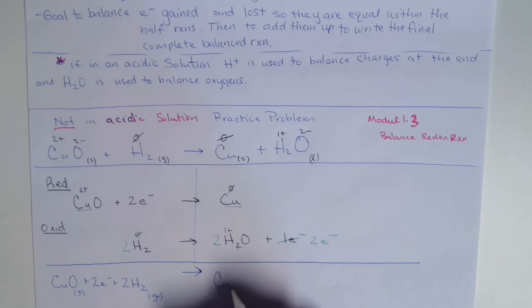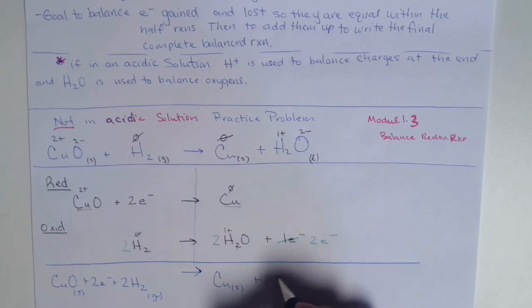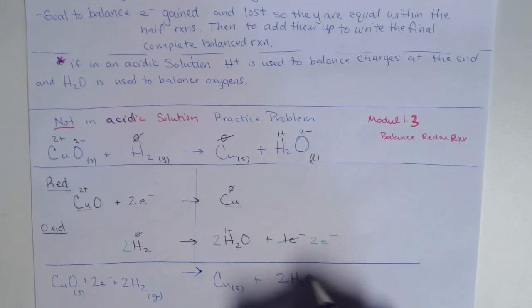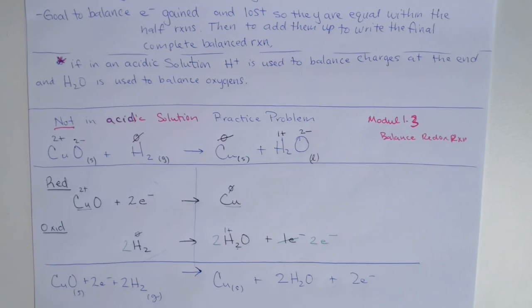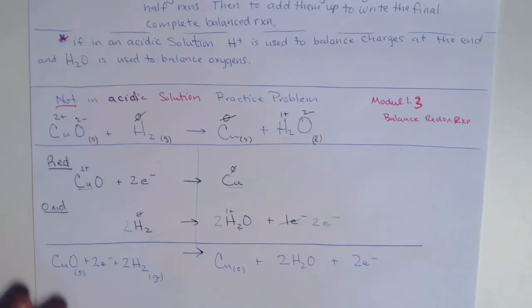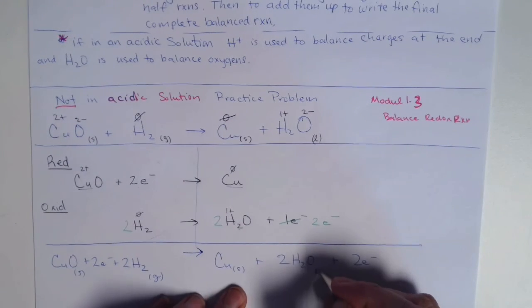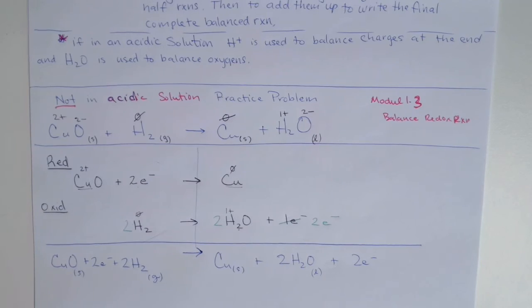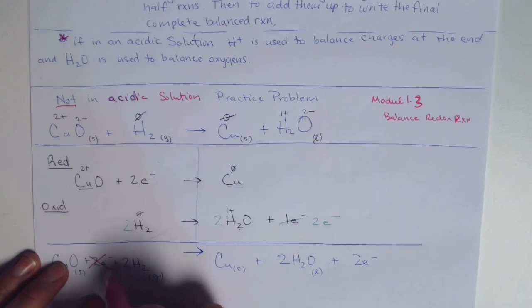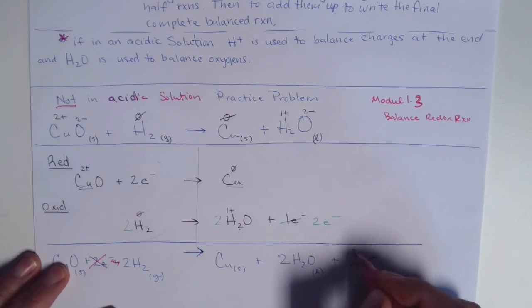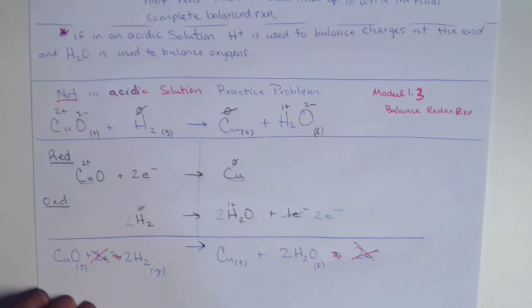Copper was a solid substance, plus a couple waters, plus 2 electrons. And what's really nice about this is that the 2 electrons coming and going are equal, and this is liquid water. It's room temperature.